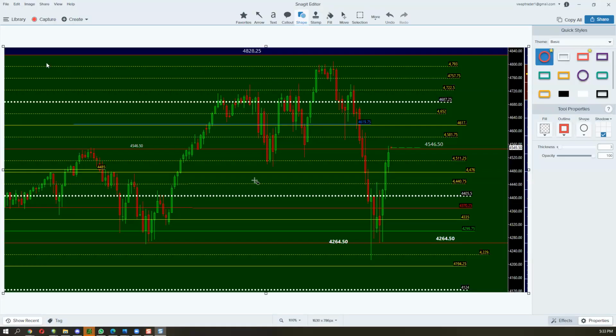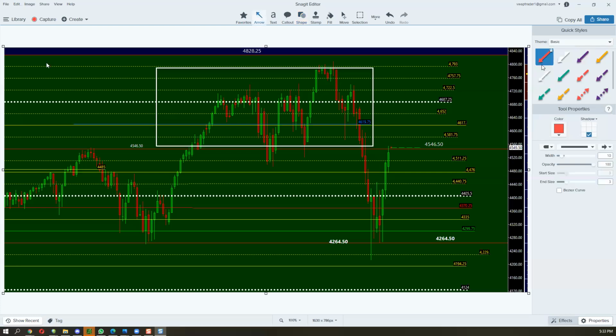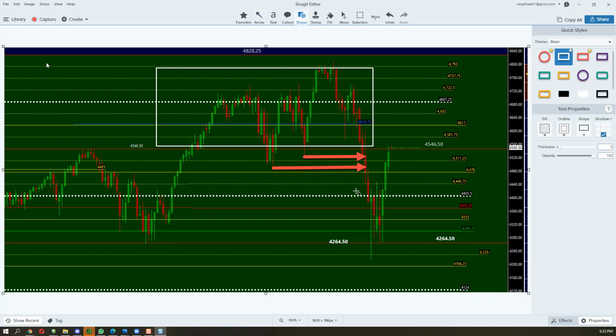Look at all the inventory trapped over 45, 46. All of those people are trapped. And where are the swing lows? There's a swing low here and a swing low here. When the market comes down and takes out those swing lows, all of this candy is going to fall out.